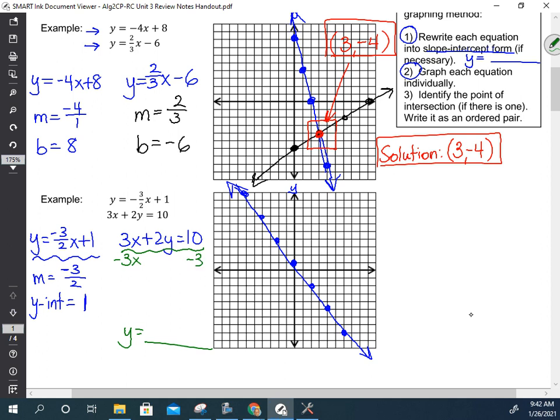Subtract 3x on both sides. So you have 2y equals negative 3x plus 10. Now what? So y is negative 3 over 2x plus 5.